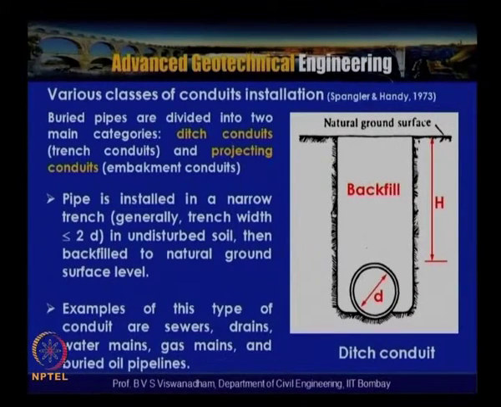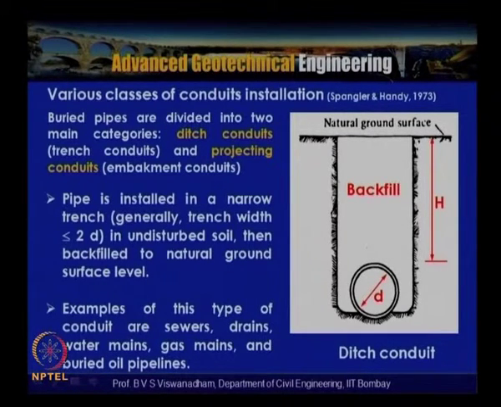Based on the method of installation, according to Spangler and Handy 1973, they have been divided principally into two categories: ditch conduits and projecting conduits. In this slide, we are seeing a trench with a pipe of certain diameter d, and h is the height above the pipe from the center line.